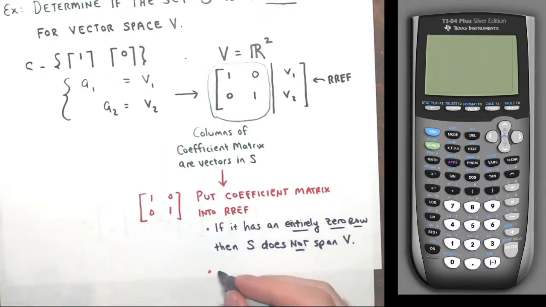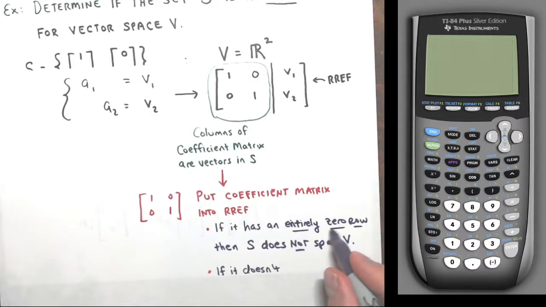That was the little shortcut from the video I made before about determining whether a set of vectors spans a vector space. If it doesn't have an entirely zero row, then S does span the vector space in question.